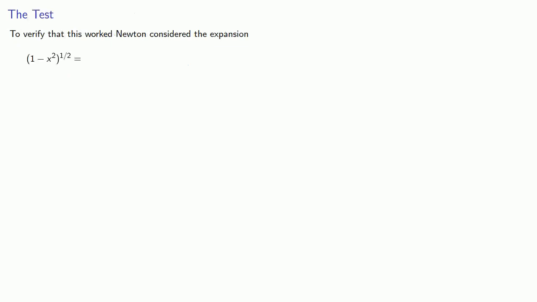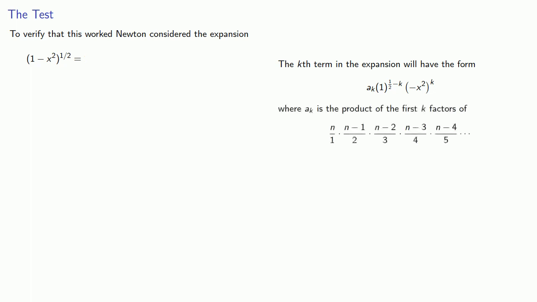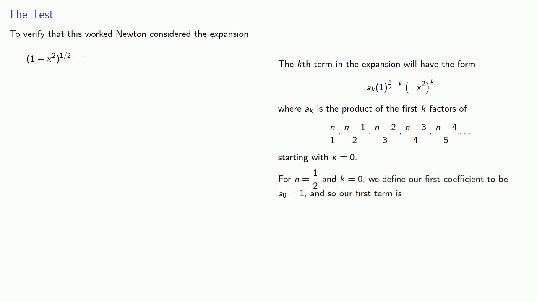To verify this worked, Newton considered the expansion of 1 minus x squared to power 1/2. So the kth term in the expansion will have the form ak, 1 to power 1/2 minus k, times minus x squared to power k, where ak is the product of the first k factors of this thing, starting with k equal to 0. Now for n equals 1/2 and k equals 0, we define our first coefficient to be a0 equal to 1.